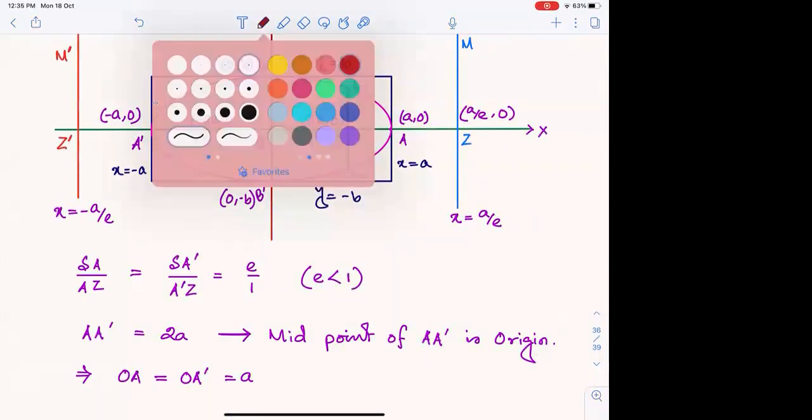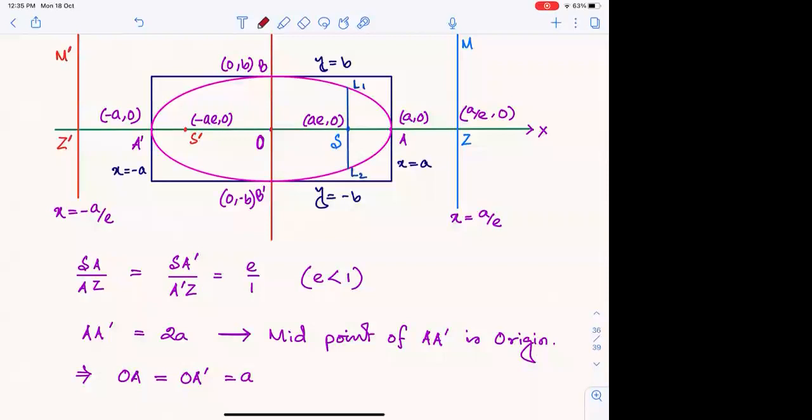Okay. So if I draw another one from here, marking the extremities as L3 and L4, we have the other latus rectum with equation x equals minus AE, having the same length.